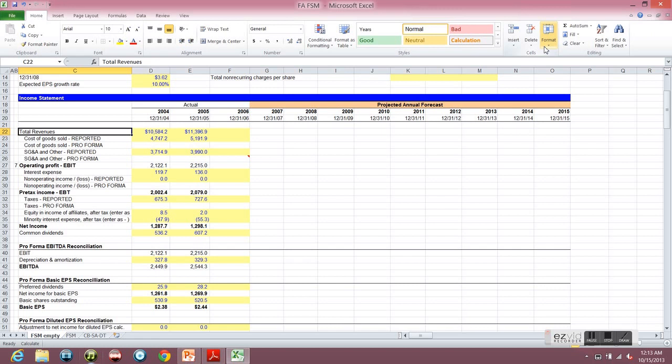Let's say total revenues. Total revenues, also called net sales, is the money that you earn by selling the products or services that your company has. Easy.